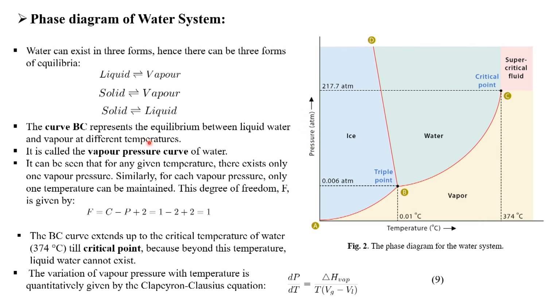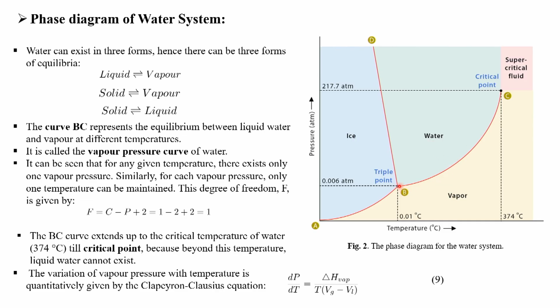If we look at the curve BC here, it represents the equilibrium between liquid water and the vapor at different temperatures. So here this is vapor and this is liquid, right? So line BC is the coexistence line of water and vapor.